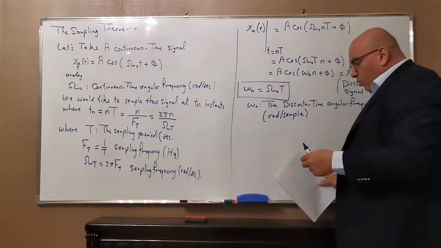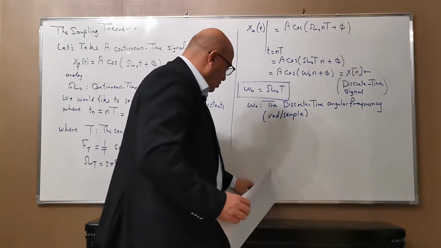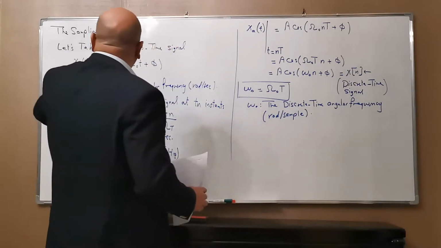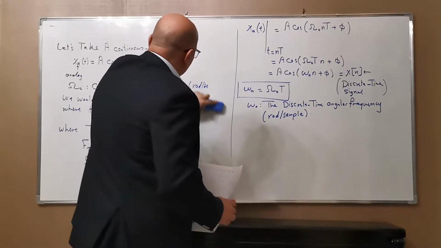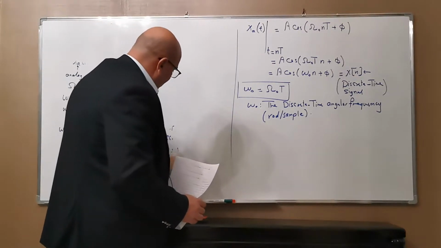So all those frequencies will be changed by this one, and we will get the discrete time signal. Okay, I'm going to take an example and see what will happen.